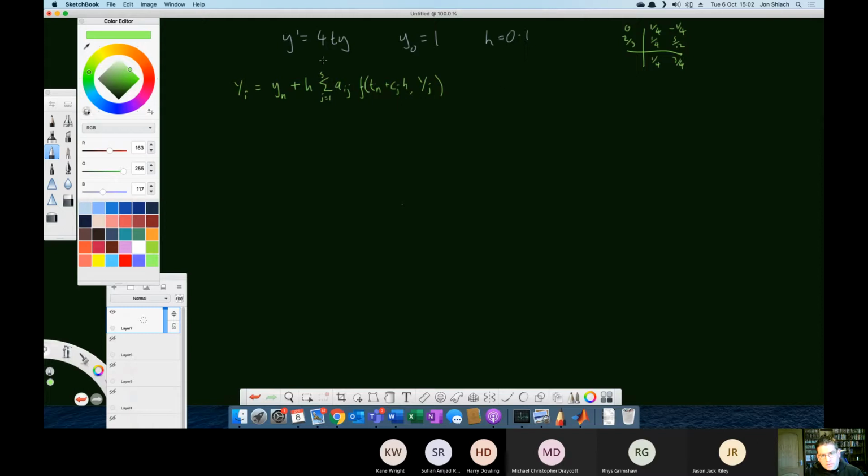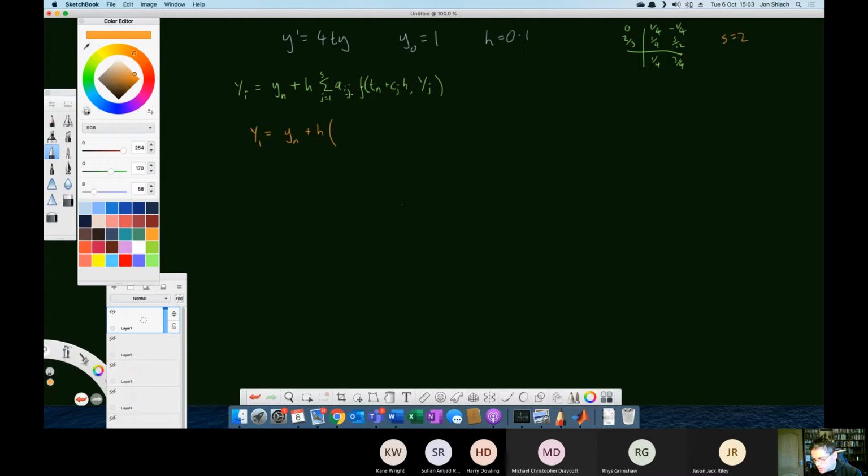So for this method applied to this ODE, I'm going to write down what big Y1 and big Y2 are. Y1 is equal to our current value y_n, plus our step length h times the sum. We've only got 2 stages, so s is equal to 2, and I'm going to expand this out.